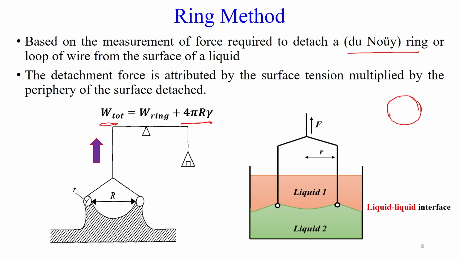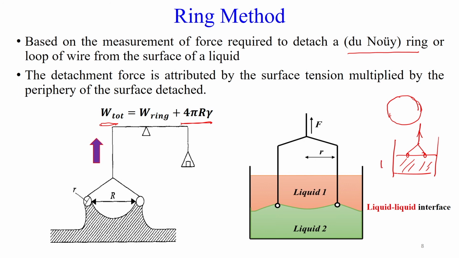So, this is a very simple method based on force balance, which says that if you are pulling the ring which is in contact with the interface, the force applied will be equal to the surface tension. So, if you have a liquid here, we have put the ring here and we are pulling it out.